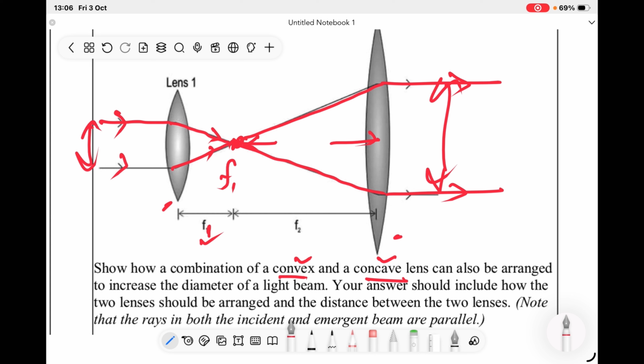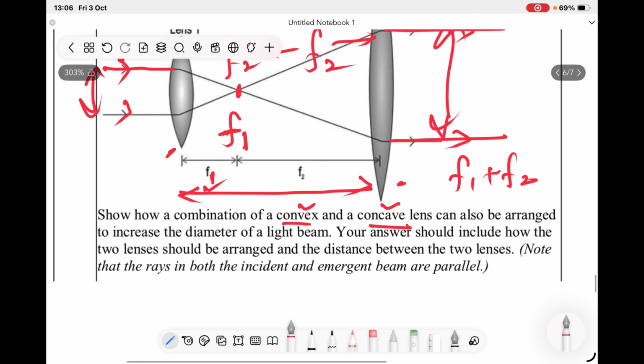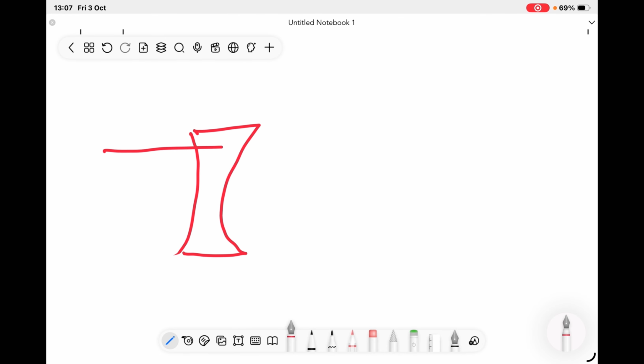Now, what is the setup that they have used given in the picture? The separation between the lenses is f1 plus f2. One thing is this, and f1 is also this f1, which is the focal point. The focus of the first lens is also the focus of the second lens. So this is the arrangement that they have used, and now we have to tell one concave and one convex. So you can use a concave lens, make parallel rays incident on it.